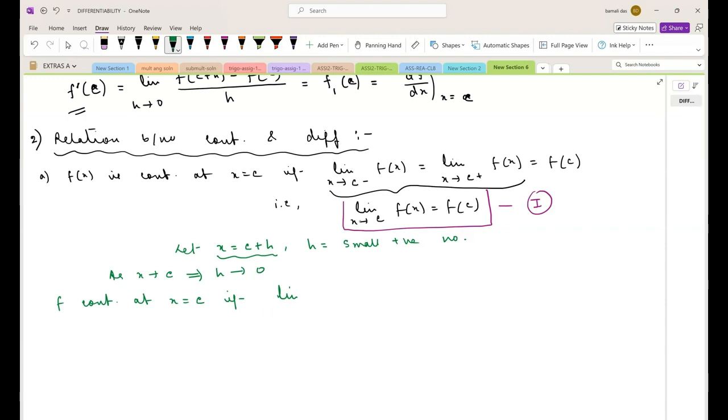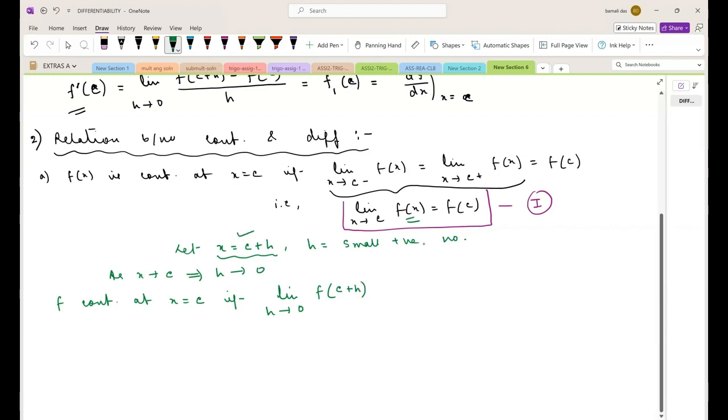Here it was x approaches c, and as x approaches c, h approaches 0, and x is c plus h.